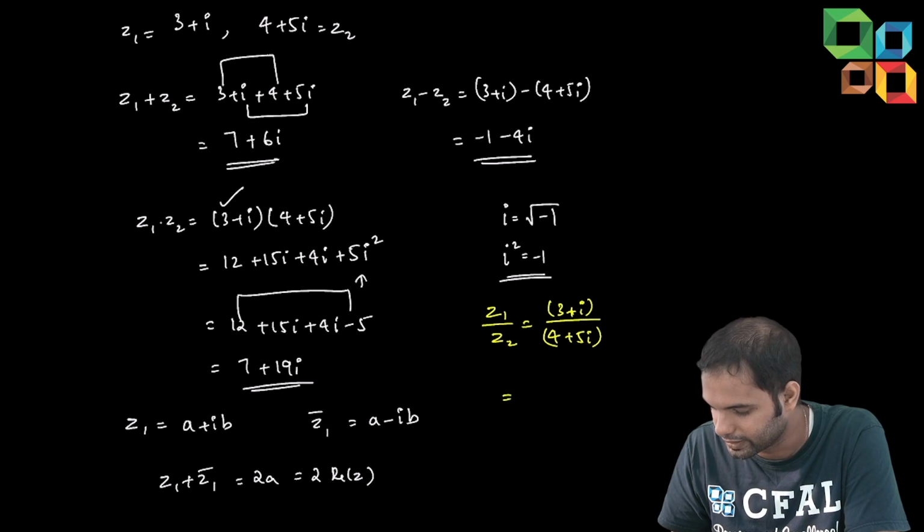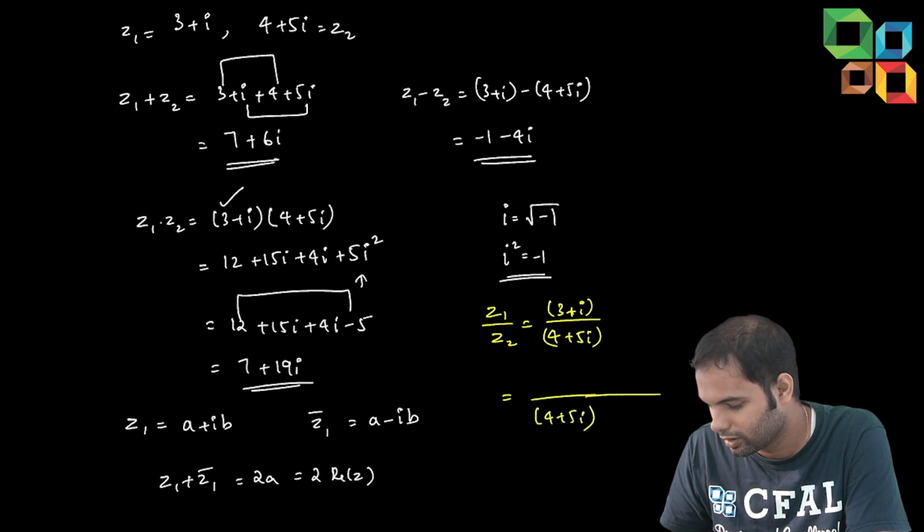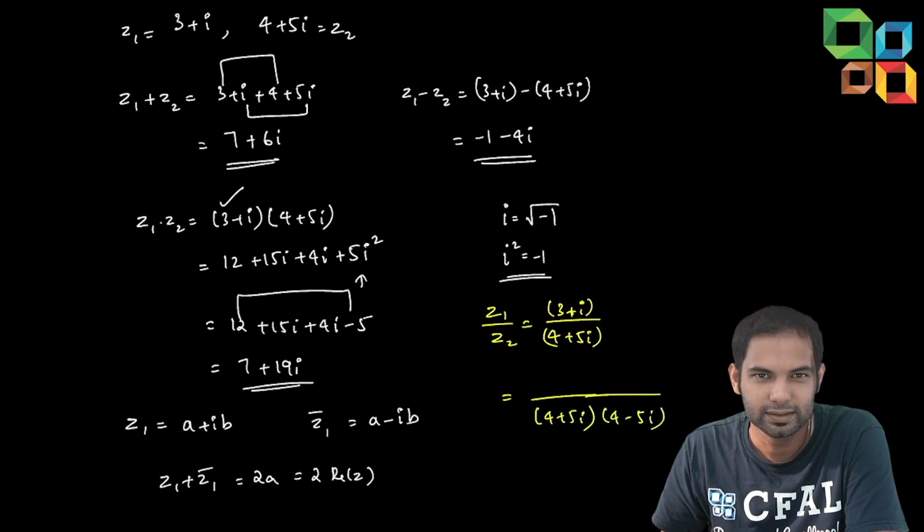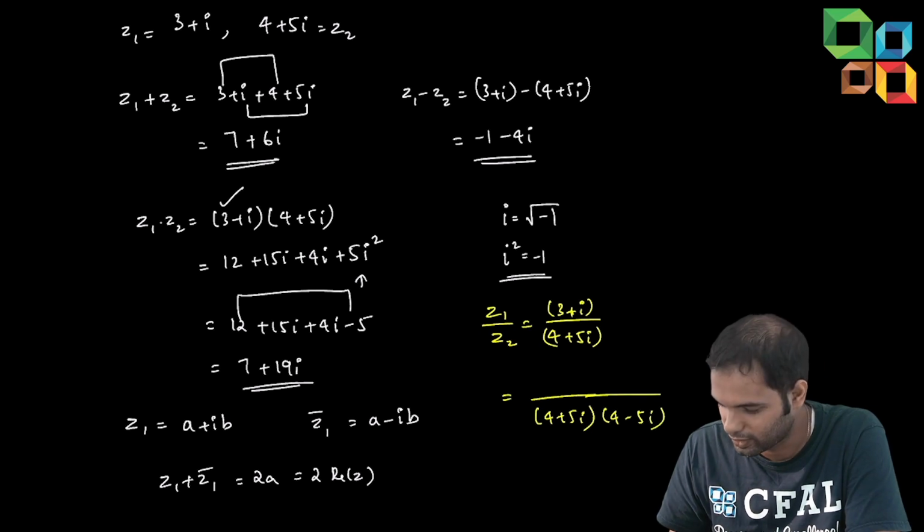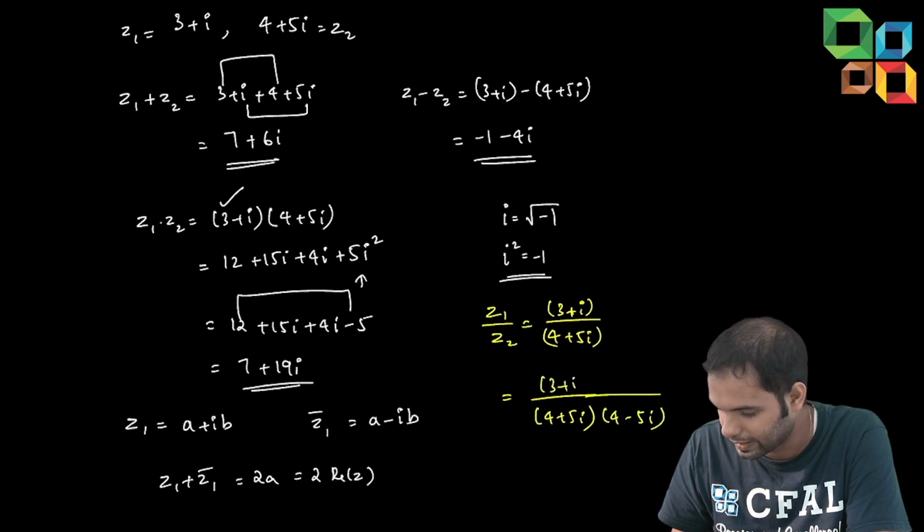What we're going to do is just multiply with the conjugate, because if I multiply with the conjugate, you're going to get a real number. Let's look at it: 3 plus i and 4 minus 5i.